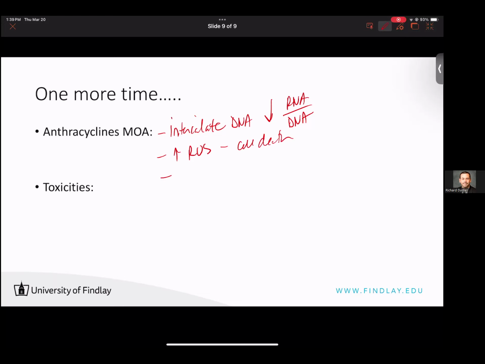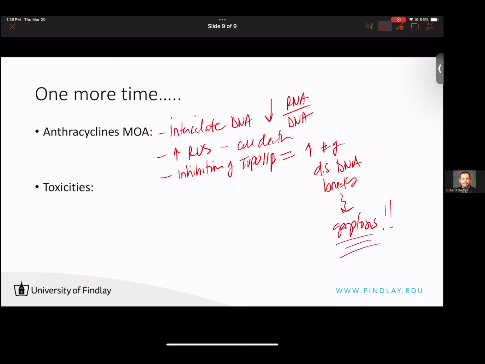But the primary mechanism of action with regard to the anthracyclines is going to be inhibition of topo2 beta to be specific. This ultimately increases the number of double-strand DNA breaks. And then this will lead to apoptosis.